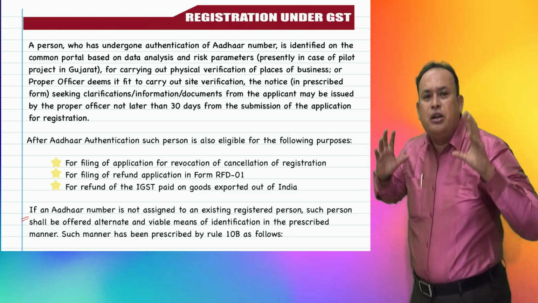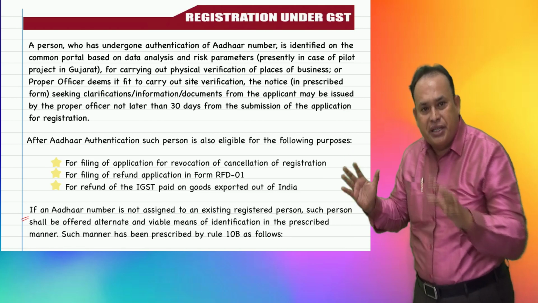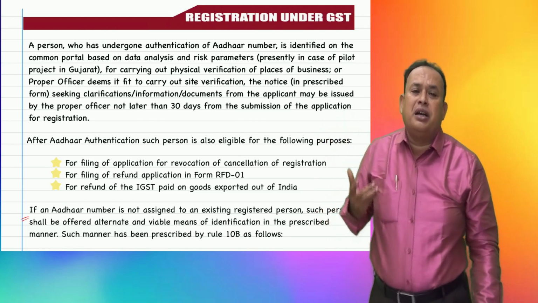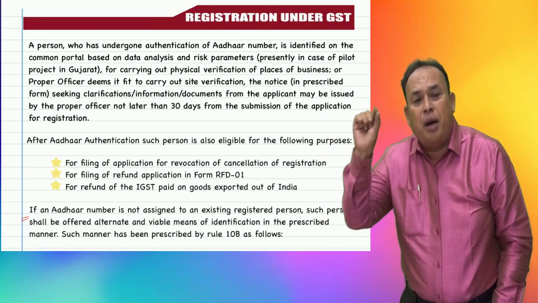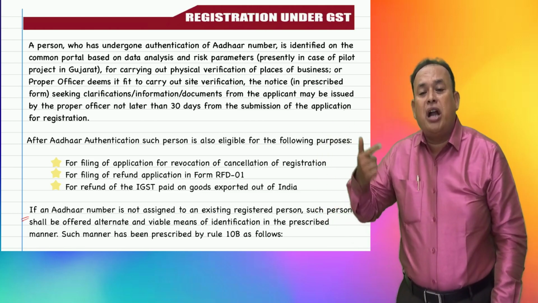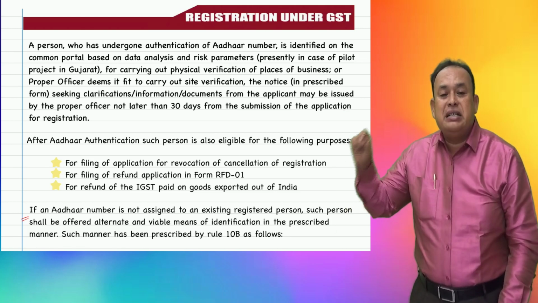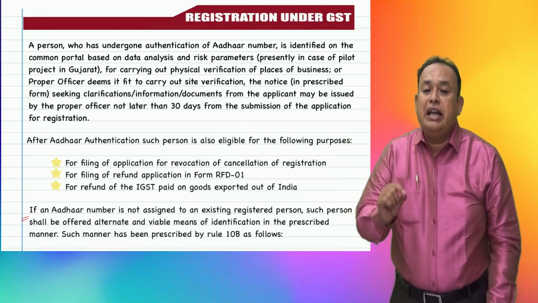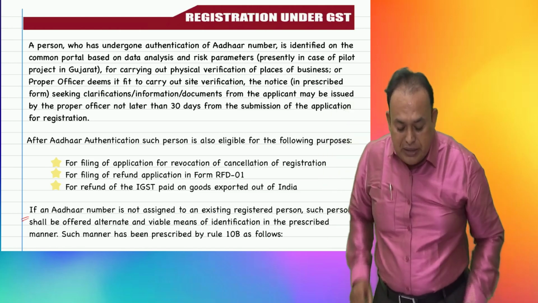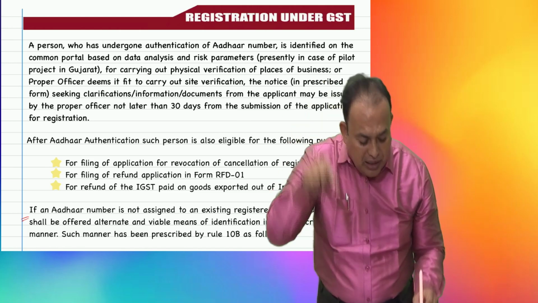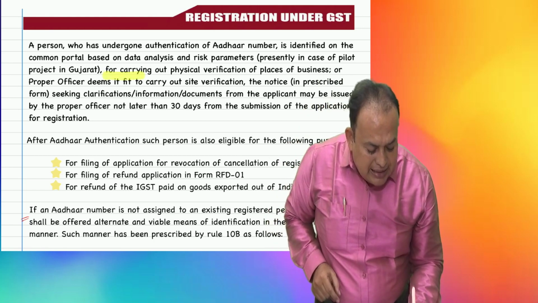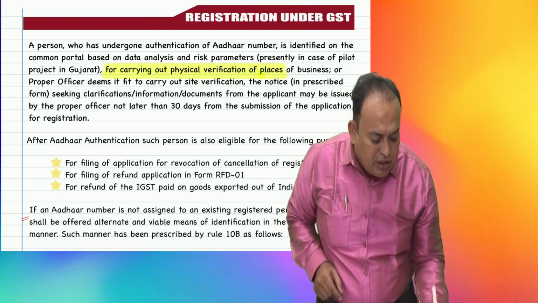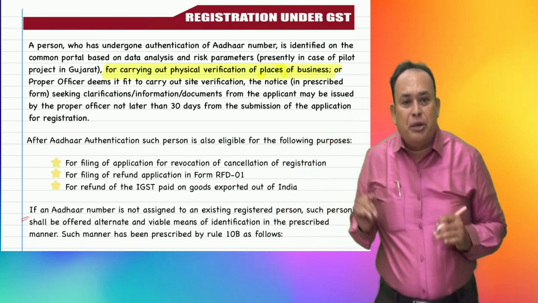This is a concept of the government of India upon the recommendation of the GST Council in this regard. A person who has undergone authentication of Aadhaar number is identified on the common portal based on data analysis and risk parameters. Presently, in the case of the pilot project in the state of Gujarat, physical verification is generally not there; only for the highly risky taxpayers the physical verification takes place, only in the state of Gujarat.